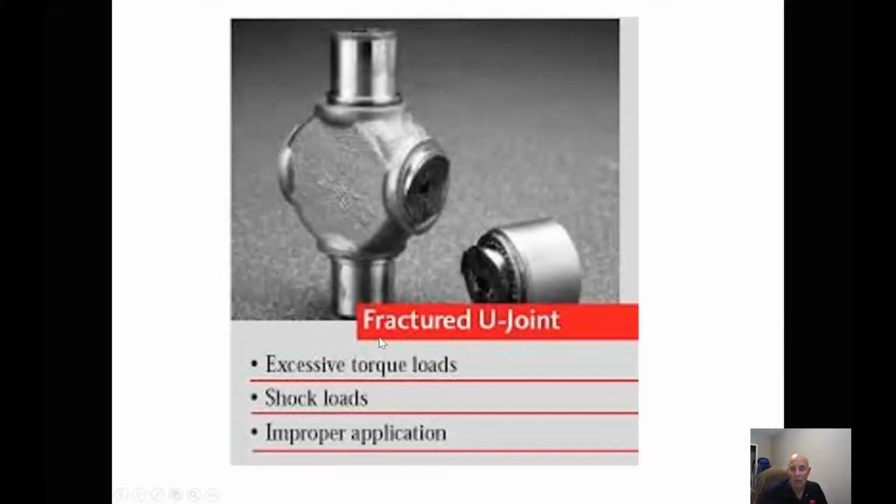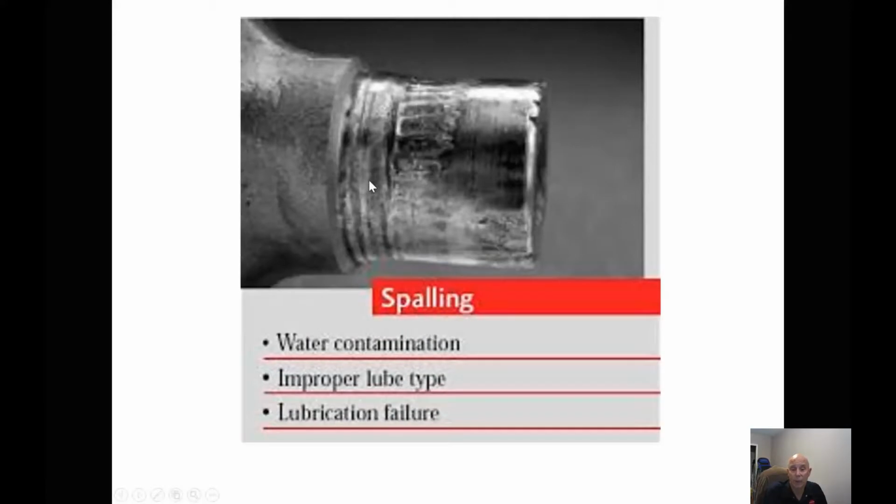When we take a look at a fractured U-joint, again, excessive torque loads, shock loads, or improper application, meaning it's not big enough for the loads we're doing. Spalling, water contamination, improper lube type, and lubrication failure. Now, one of the things that, again, when we're working where we are, is having summer and winter grease.